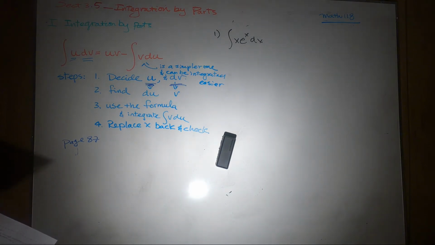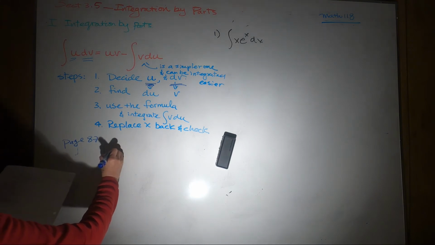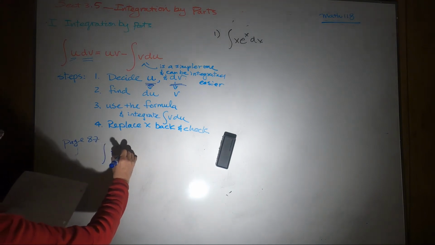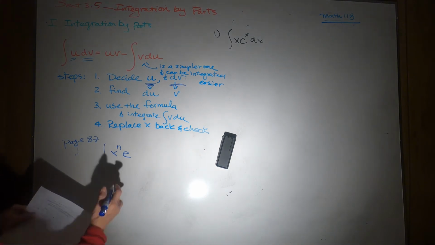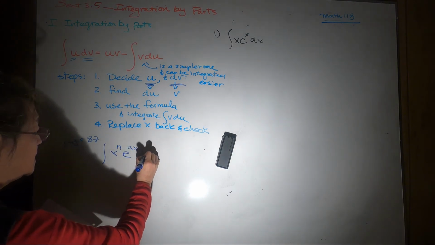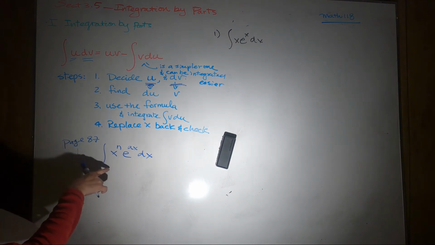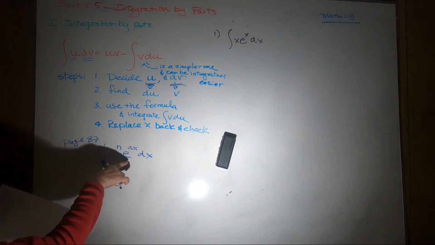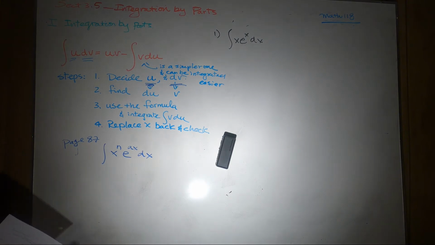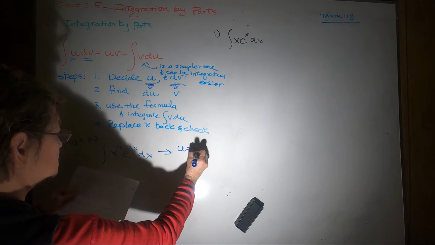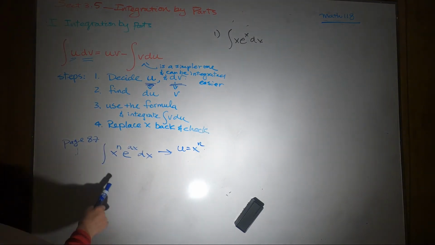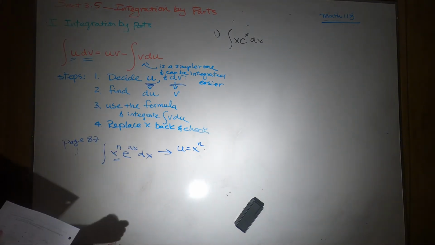When we select u by parts, the rule is this one. If we have x to the n, because we have a more complicated situation, and a to the x, if we have a polynomial and an exponential function, then we will choose this way. U equals x to the n. We will choose u to be this part.